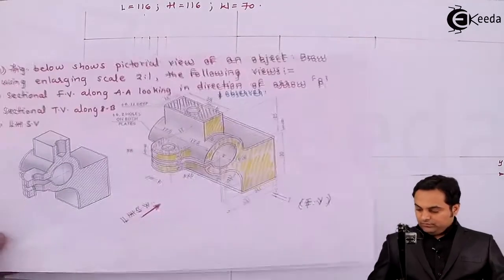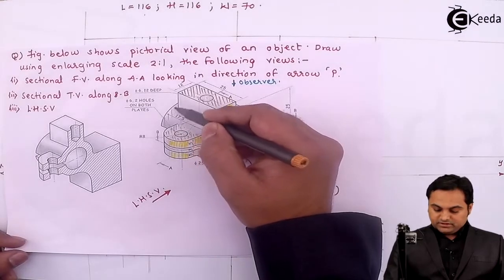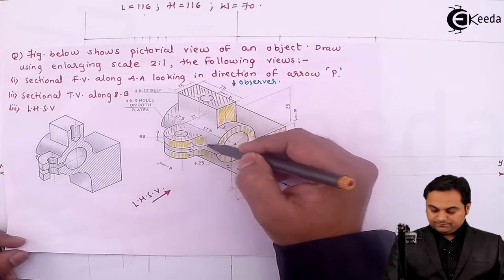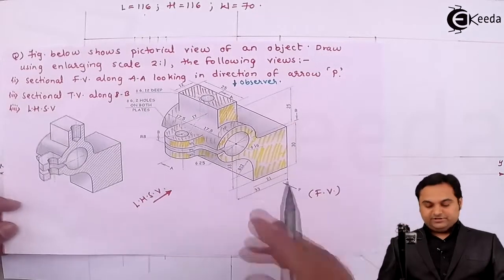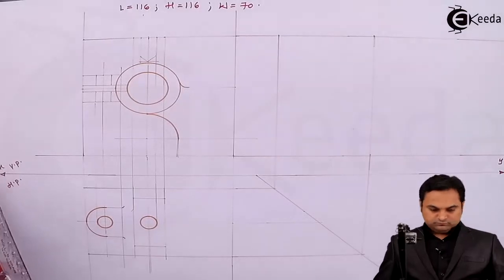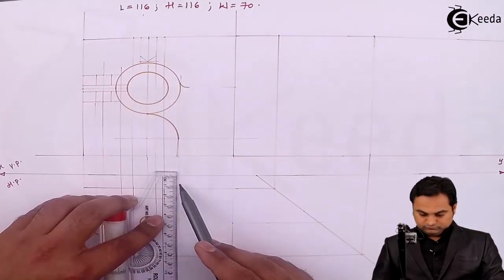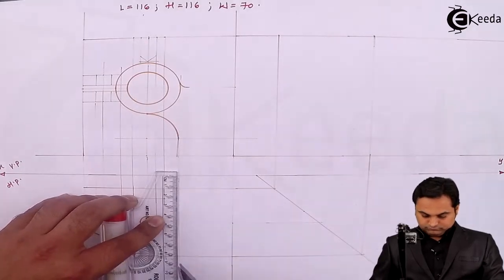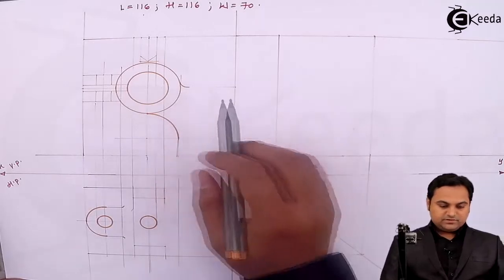Then looking from top, in that case, this cylindrical surface is also seen. It will be seen as a rectangle, so projecting it, and whatever remains is this rectangular surface.